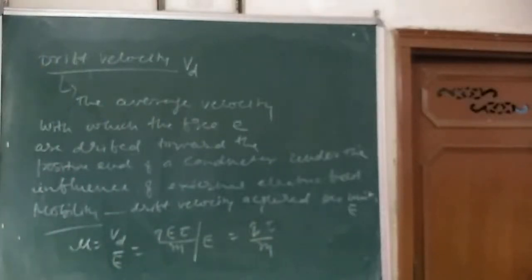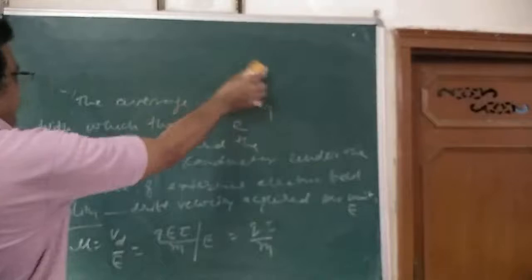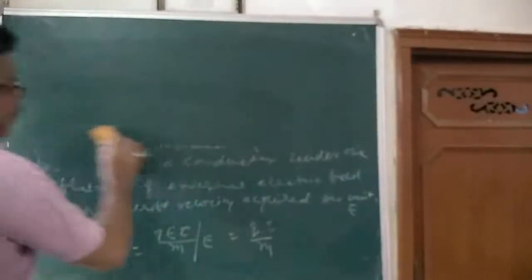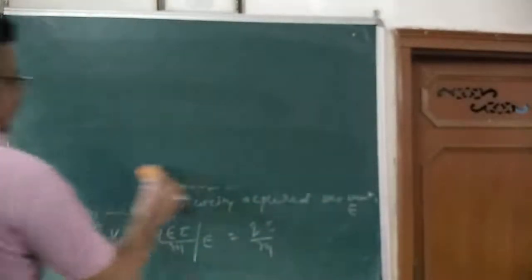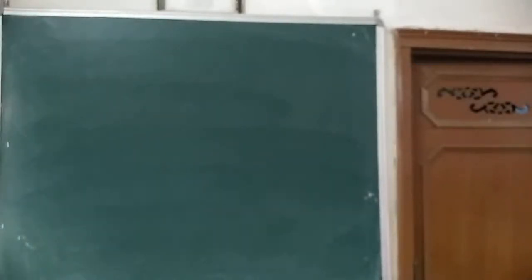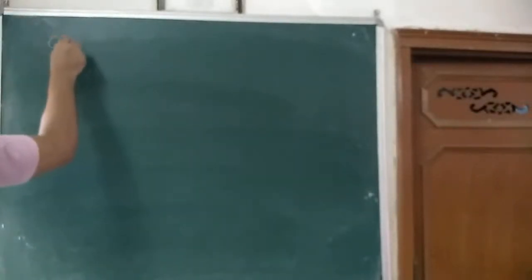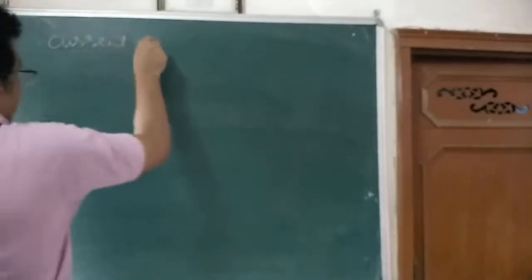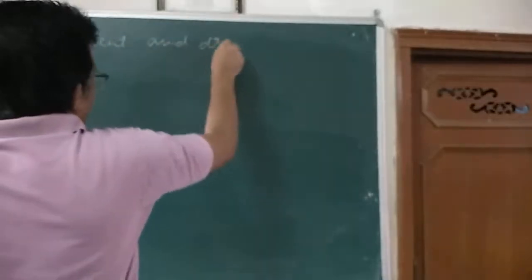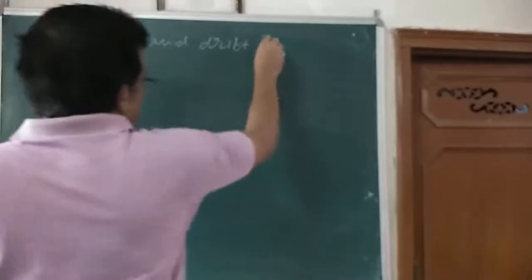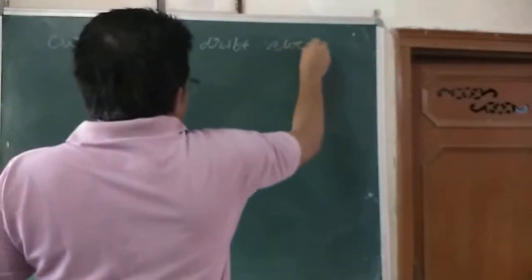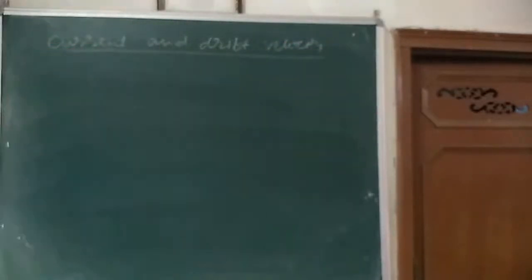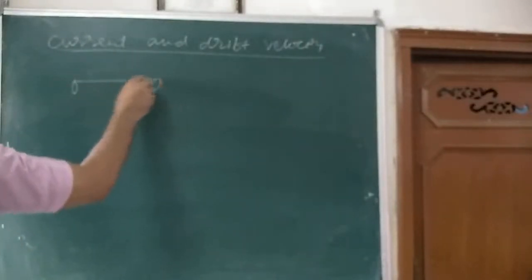So what is the relation between current and drift velocity? It's a very important article for us. So the relation between current and drift velocity. For that again I am taking the same diagram.